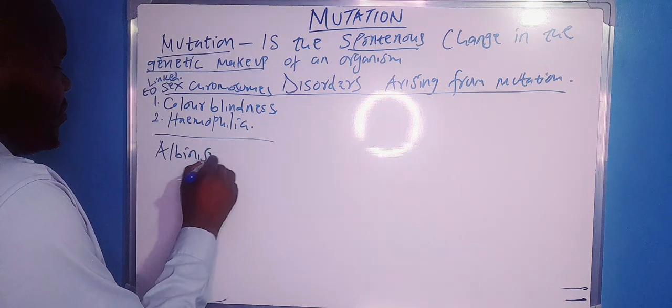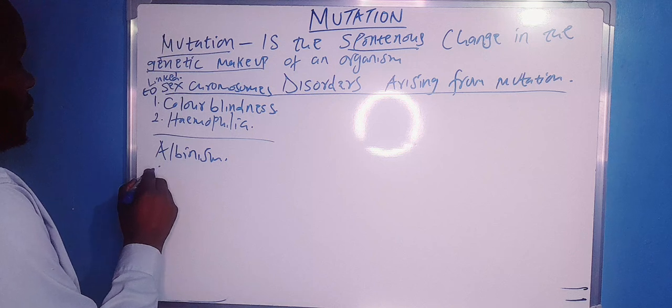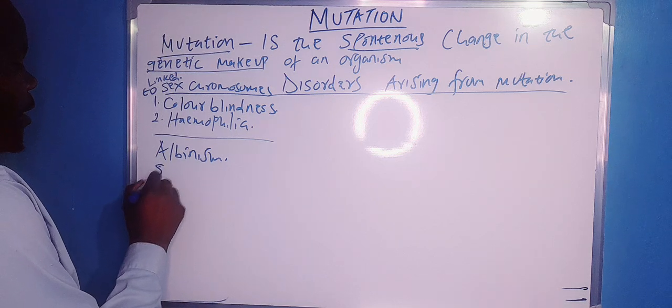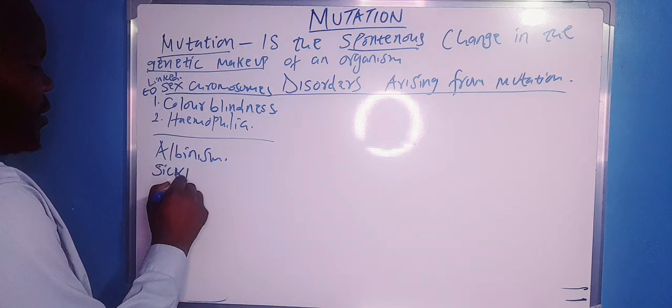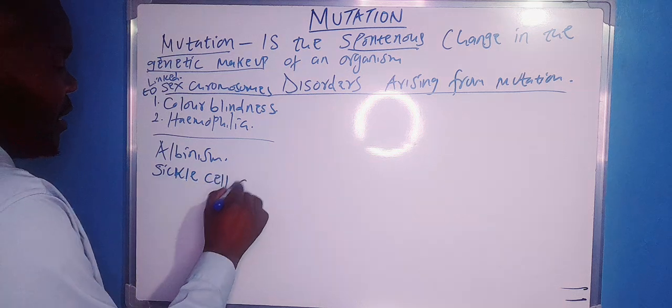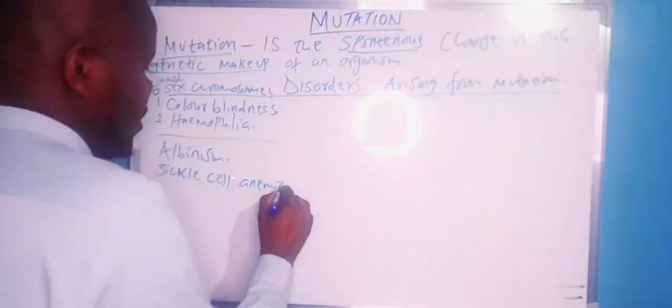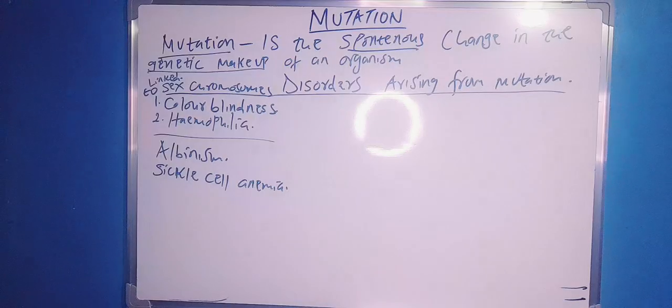Albinism. And we have sickle cell anemia. On this sickle cell anemia, what's about the sickle cell anemia?